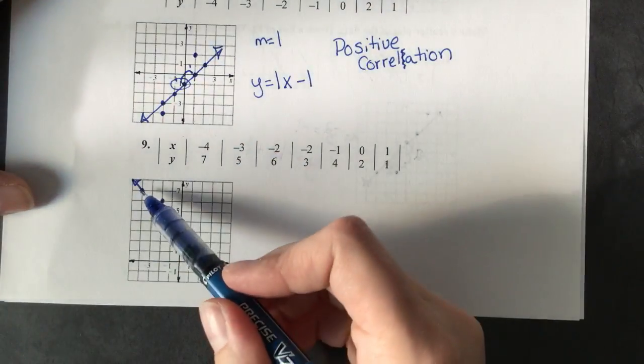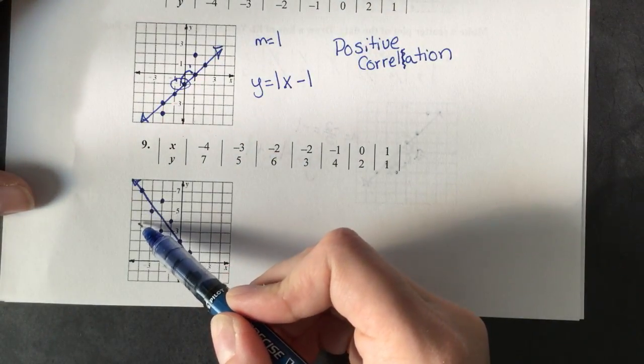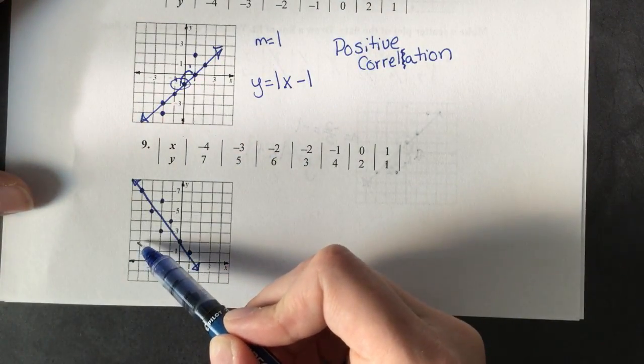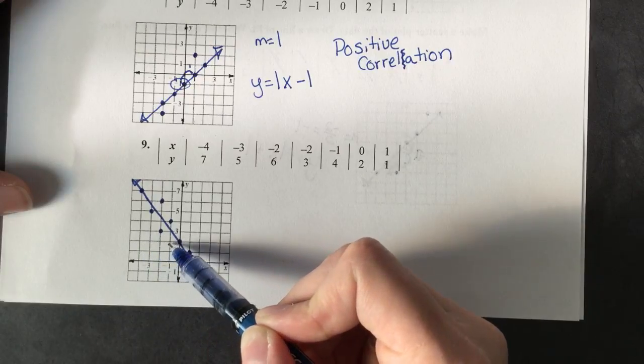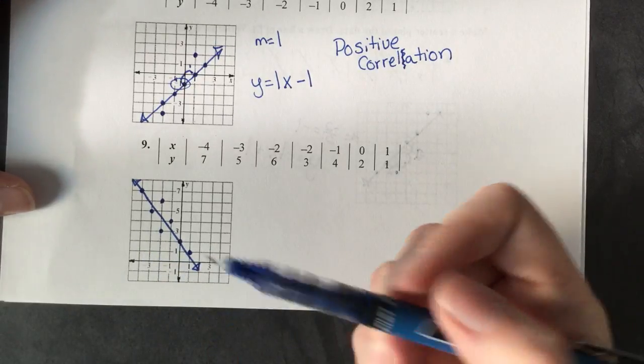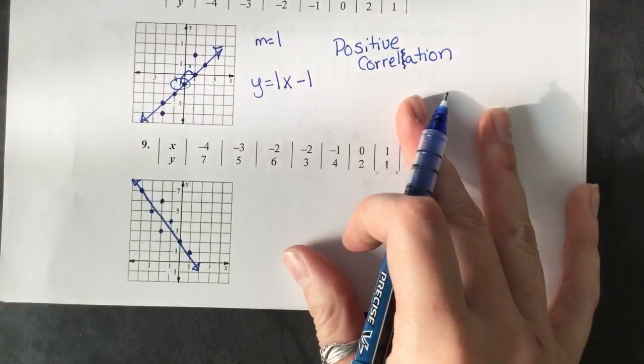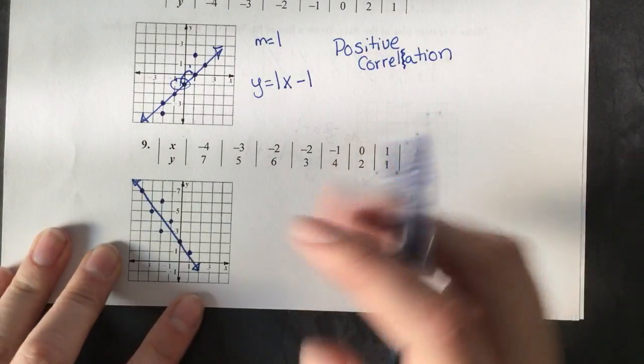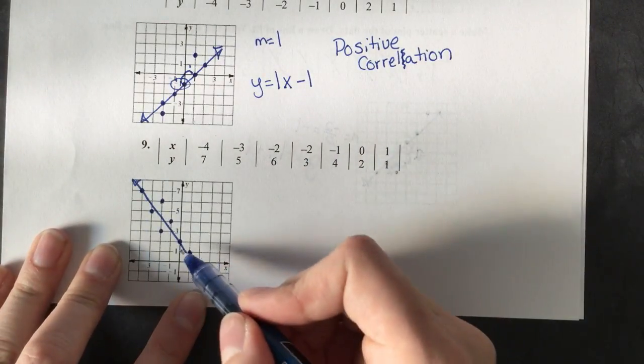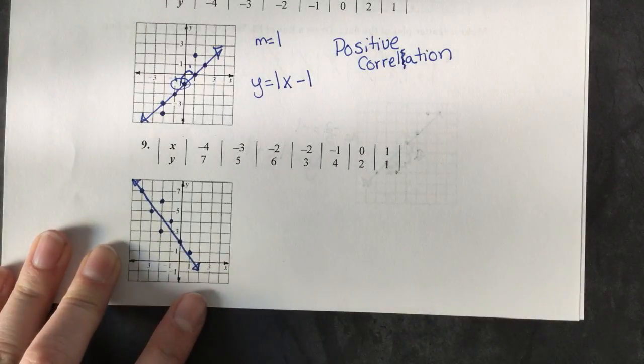Down 1, 2, 3, 4, 5. 1, 2, 3, 4. Nope, they are not on the same line. Well, even this way, there's three above that are pretty close to the line and two below that are pretty close to the same line.